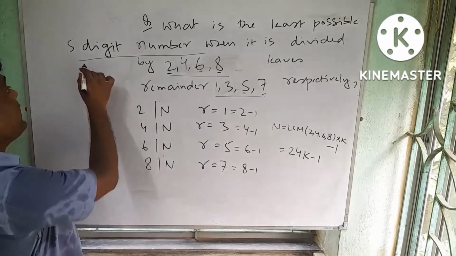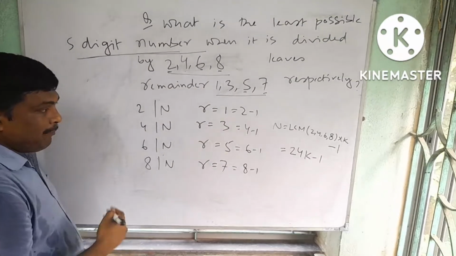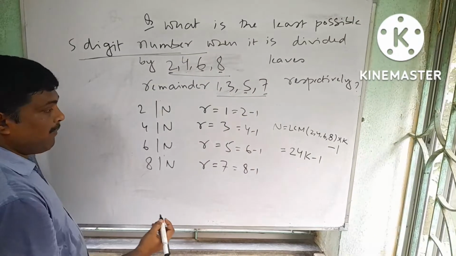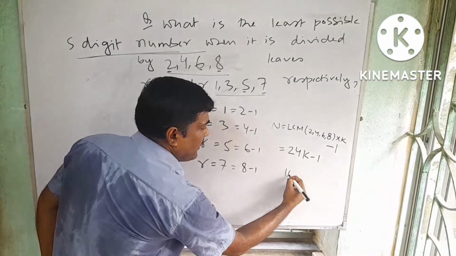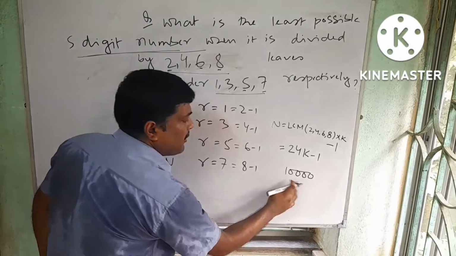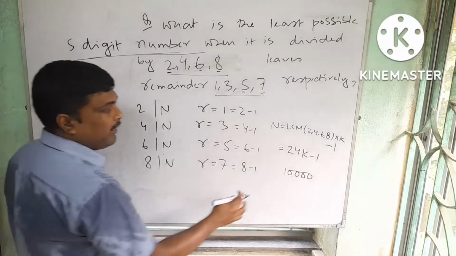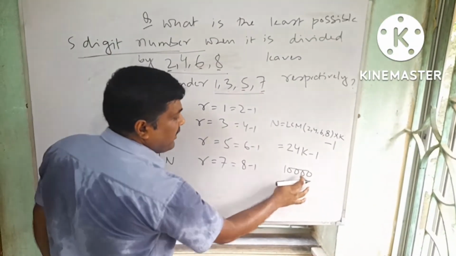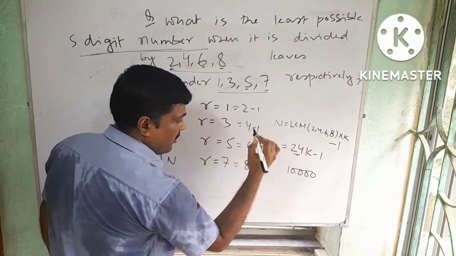Now what is the least possible number? The least 5-digit number is 10,000. Now divide this 10,000 by 24 first.